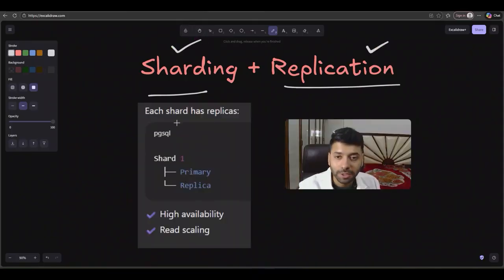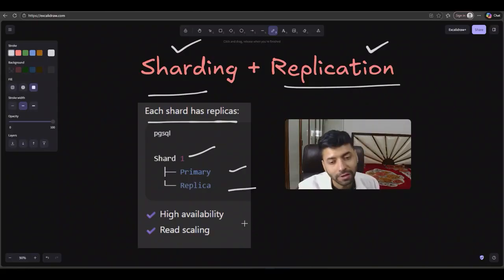So you will have multiple shards, and each shard has replicas. Each shard will have a primary and the replicas. Due to this, we have high availability and high scaling. Of course, we are doing sharding for write scaling, and then for each shard we are doing replicas, so read scaling is also there.